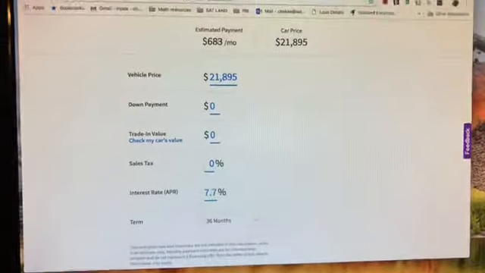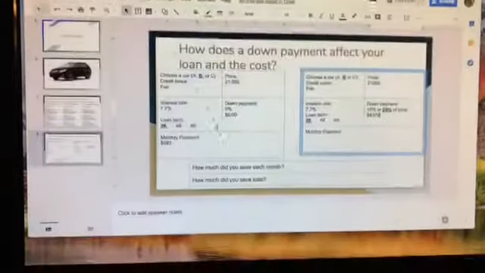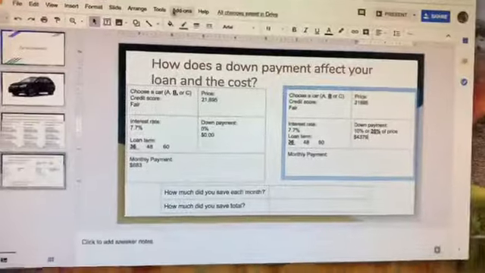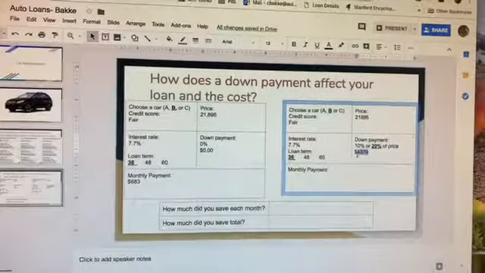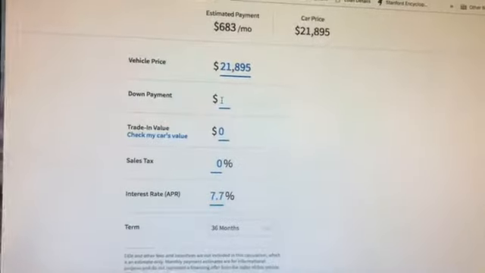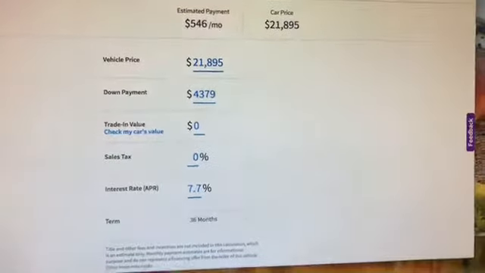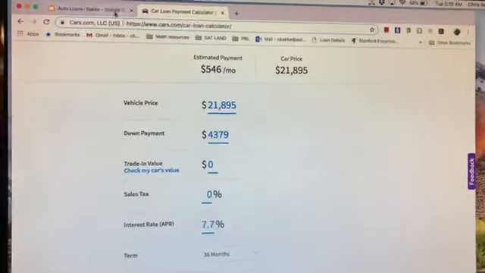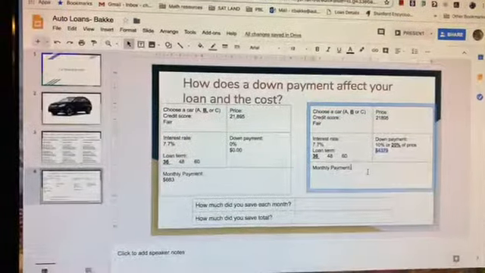And just double check yourself. This calculator says 683, and that's exactly what I got from my first part of the project. So now I have a spot to fill in $4,379 for my down payment. $4,379, and voila, we see our monthly payment goes way down, $546.